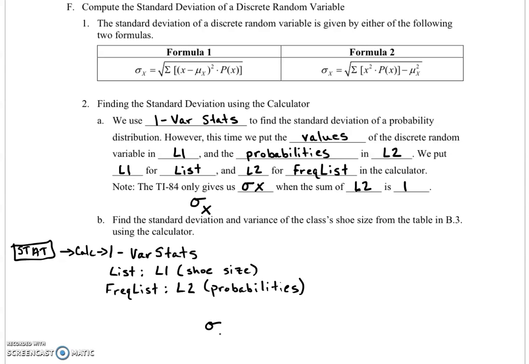We get that the standard deviation is 3.73.